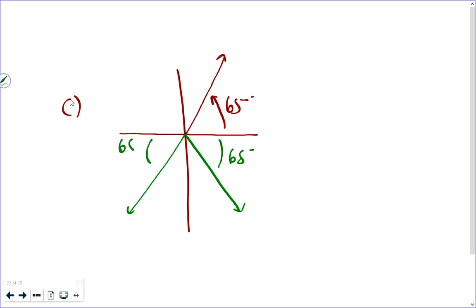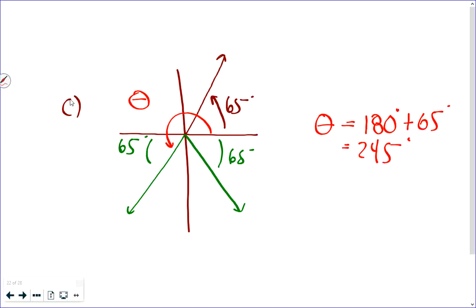I think the bigger point of this is anytime you reflect one of those arms, the reference angle stays the same. It's always going to be 65 degrees away from the x-axis. What we're asked to determine is this rotation angle. So looking at our diagram, theta would be 180 plus 65, which is 245 degrees. Yes? Okay, good.